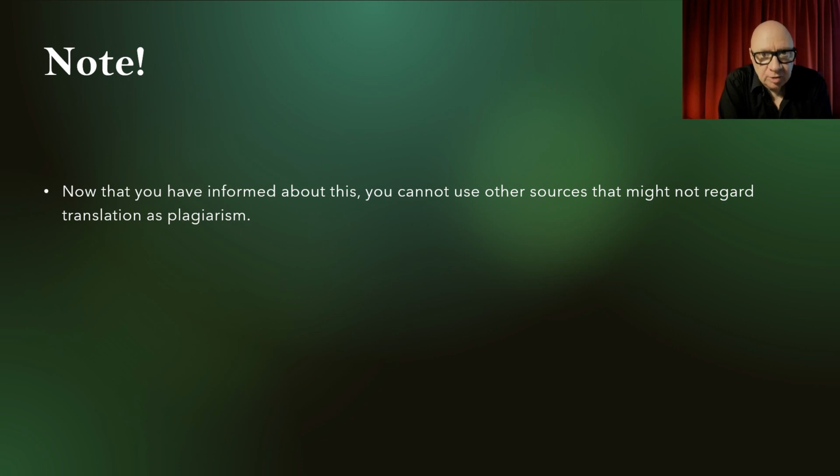So if you translate something and you do not provide a reference, if you do not provide the quotation marks, then this is plagiarism. Even though there might be some institutions like the APA that consider translations to be paraphrases. I don't know why they consider that, but we certainly don't. A translation is a translation.